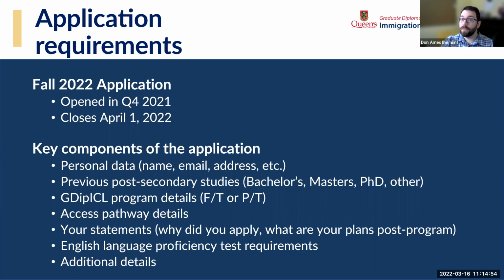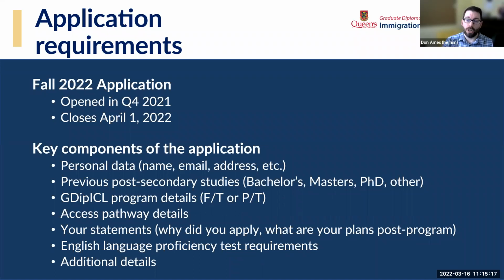So if you have a copy of them or can access a copy from your previous post-secondary institutions, you can then take those transcripts, convert them to PDF, making sure that they're in English, and you can upload them with your application. Now, because all of you have already applied to the program, what you're going to have to do is send these PDF copies of transcripts to the School of Graduate Studies office.